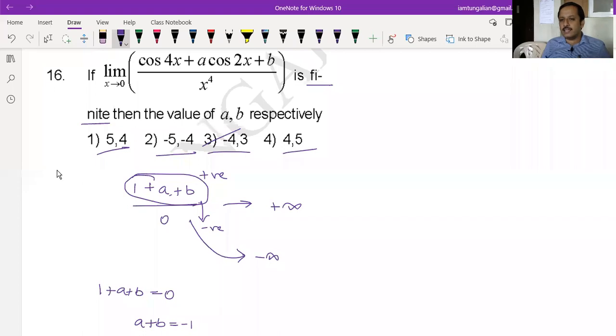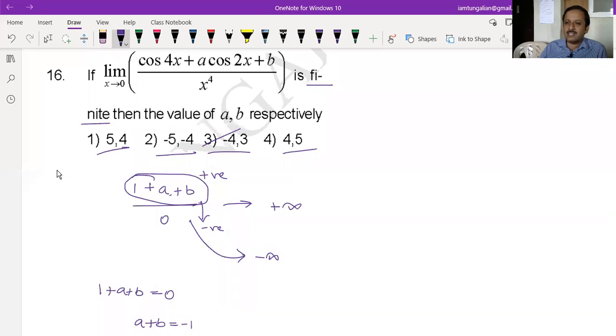Today we are lucky that the options are in this way, where there is only one option in which a plus b is equal to minus 1. But on another day, we may not be that lucky that only one option will satisfy the given condition. There may be more than one option.